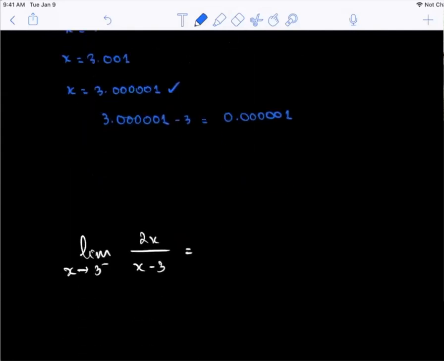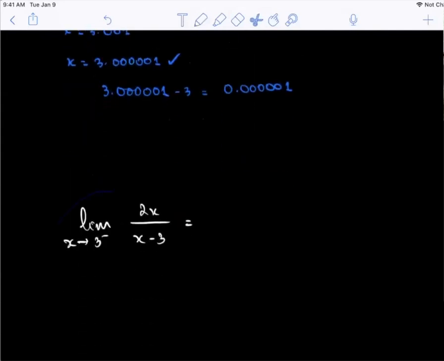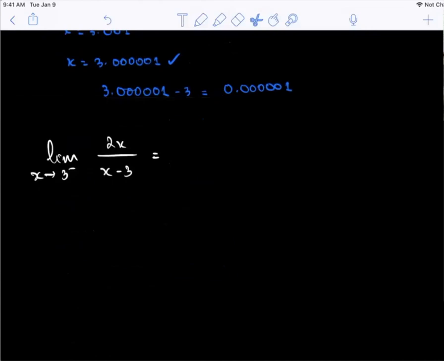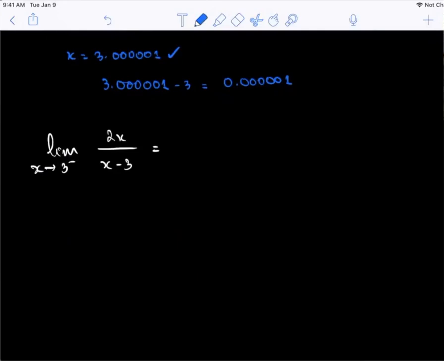All right, so let's move on to this part. As x approaches 3 from the left, you still can choose like 2.9, 2.99, or 2.99999, all of these numbers on the left of 3.